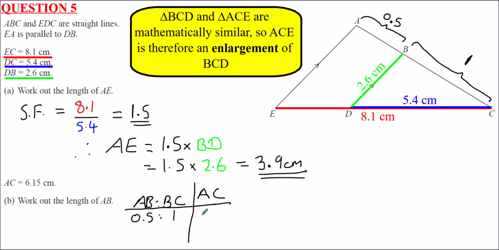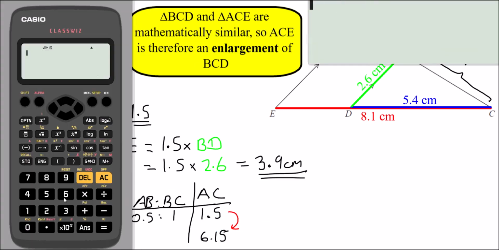So 0.5 plus 1 gives 1.5. However, we're told that AC is actually 6.15. So how can we go from 1.5 up to 6.15? What can we multiply by? Well, we can work this out by doing 6.15 divided by 1.5.